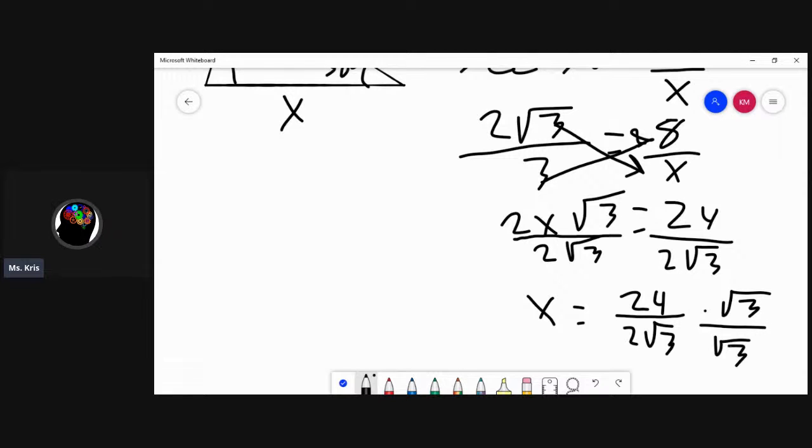Multiplied by square root of 3 over square root of 3, because I want to get rid of my square root.